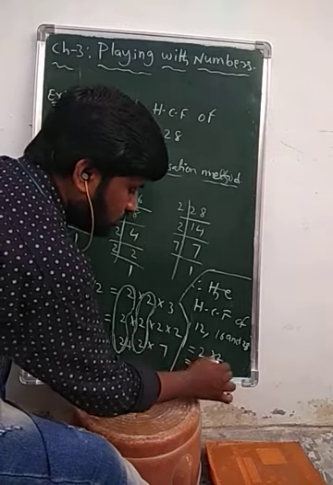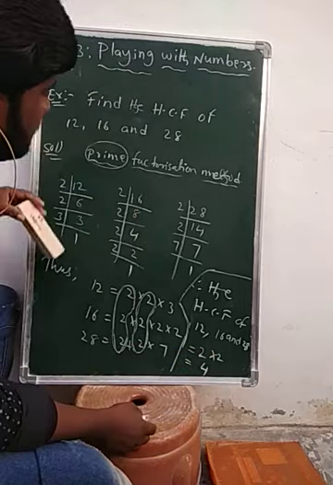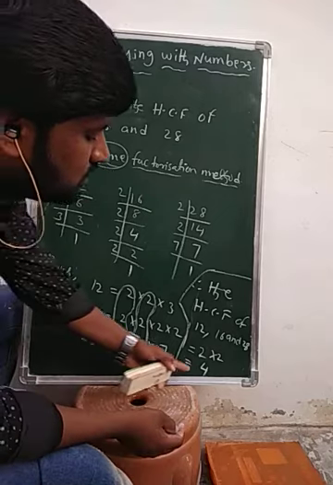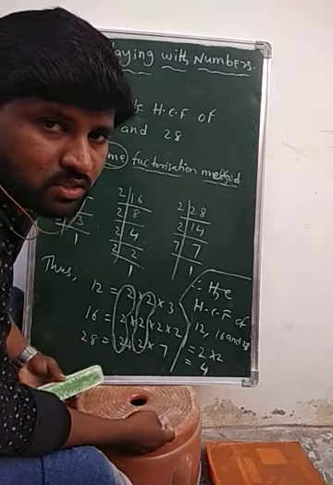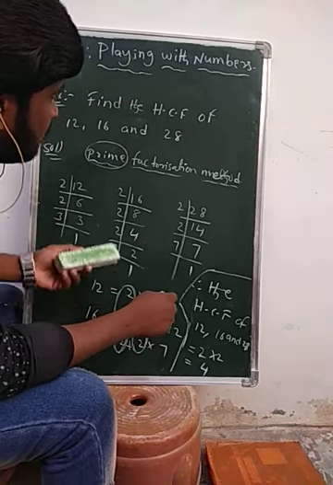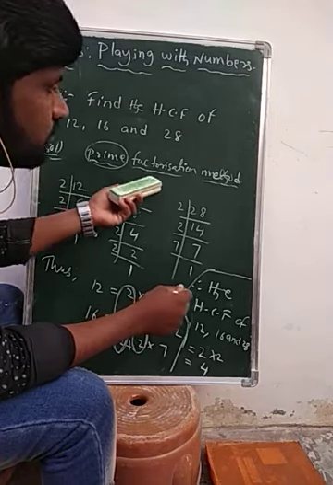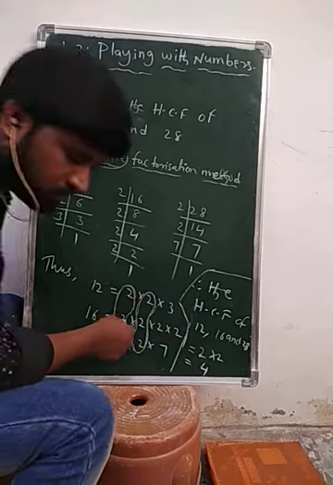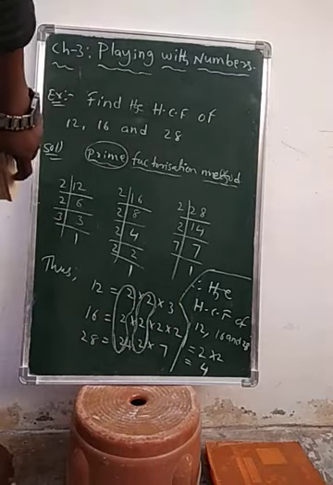That is 2 2s are 4. The HCF of these three numbers is 4. Is it clear? So like this we can find the HCF of numbers by using the prime factorization method. Is it okay for you?